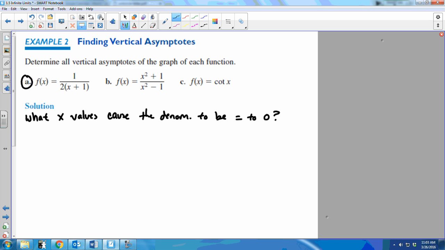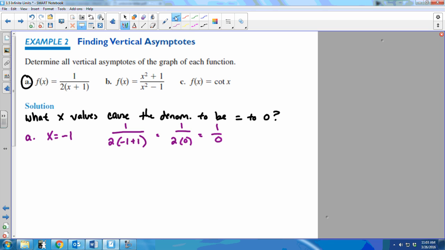In this case, what x value causes the denominator to be 0? X equals negative 1, right? We have 1 divided by 2 times negative 1 plus 1. Well, then I would have 2 times 0 and be 1 over 0, and that would be a problem.